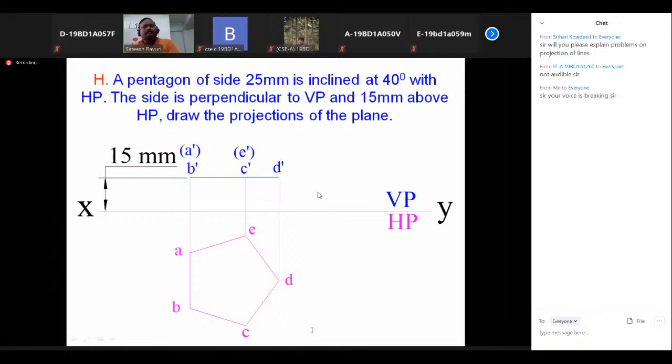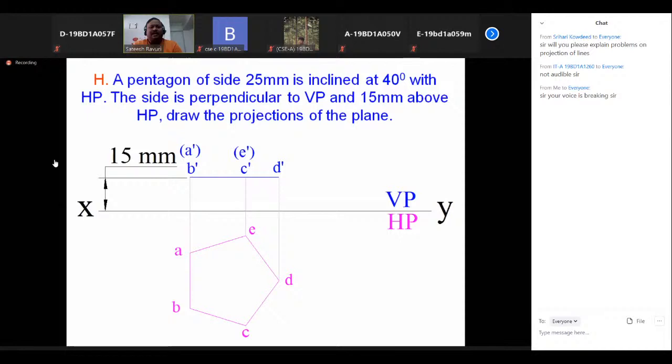Now you remember one thing. Just now I told you, when the surface is parallel to any plane, let us take a horizontal plane for our understanding, a pentagon parallel to HP will give the true shape of the pentagon on the horizontal plane, no doubt.